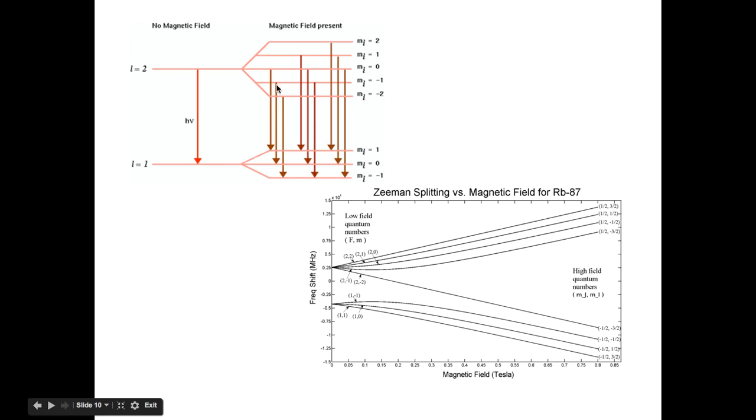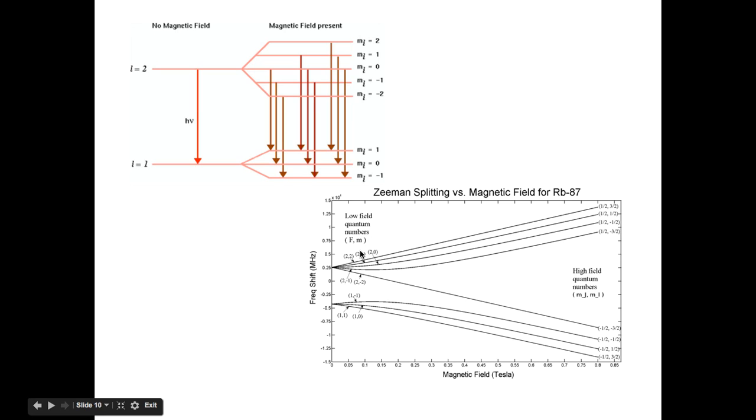And so what you would see is that you would apply the magnetic field and then excite the atom, and you would see photons with all these different energies. Okay. And then finally, this is just a picture that I thought was pretty cool. It shows in the weak field limit how the splitting works, right?